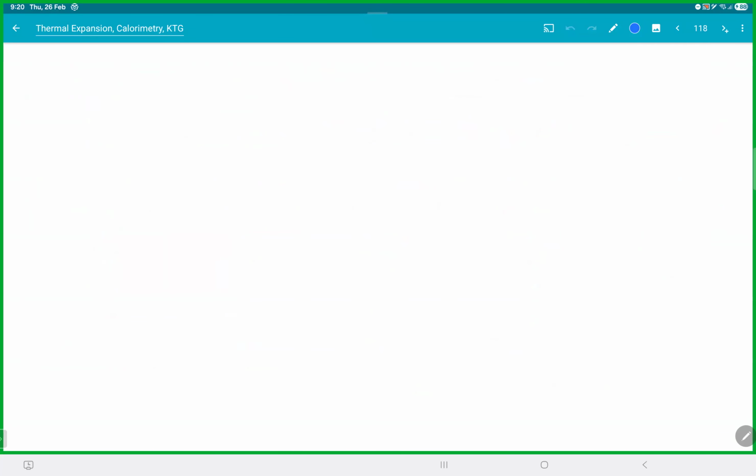Next thing. Suppose you have 2 gases mixed up, the average degree of freedom F average is given by N1 F1 plus N2 F2 over the total moles. It's a linear function. If you see U is proportional to F, so you can directly do this.